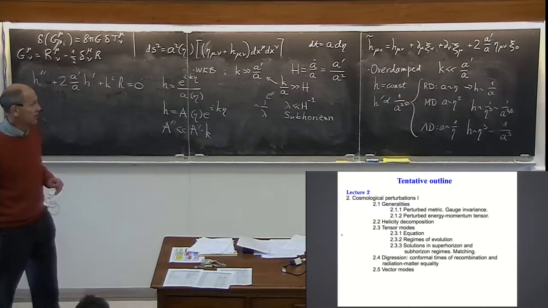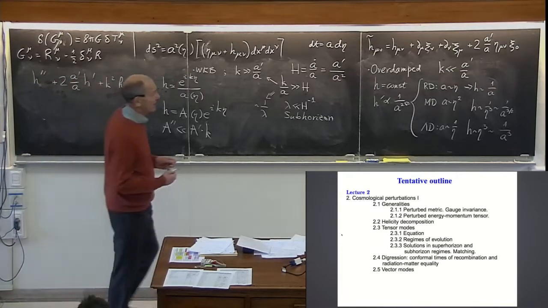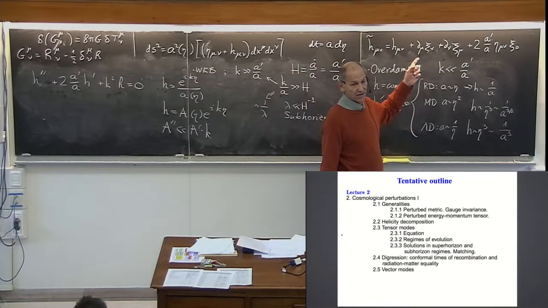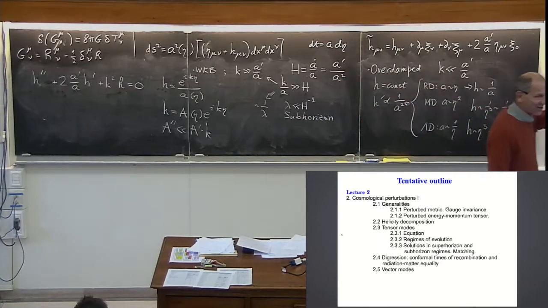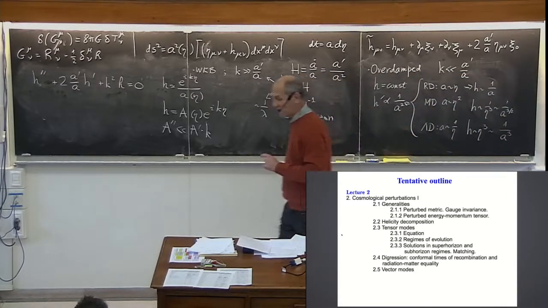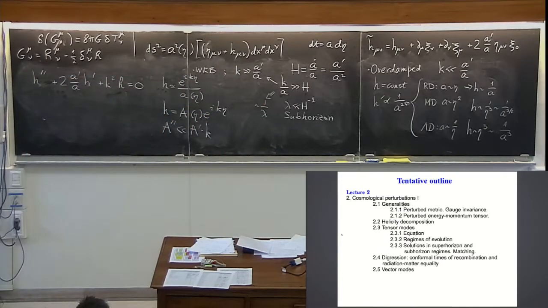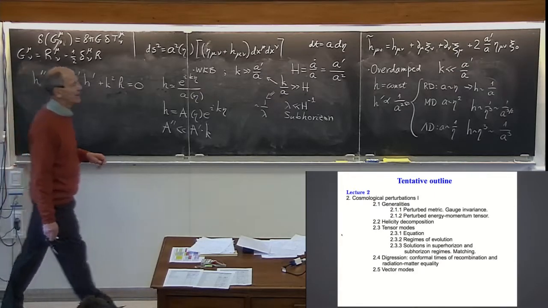And this is because if you go backwards in time, this mode increases. So there is some confusion in different parts of the cosmological community. Some people call this the decaying mode, some call it the rising mode. But this is the mode that decays as time goes on.